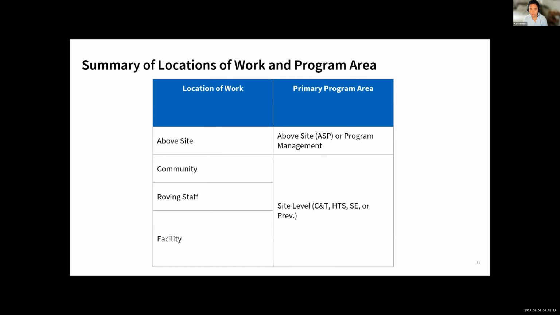There are different options within the site level category in terms of the activities they're specifically engaged in, but you will want to be looking at the site level drop-down options. And you will see a little more later on how this plays out when we do a live walkthrough of how you would fill that out in the data collection tool.